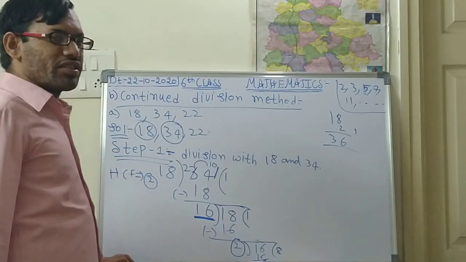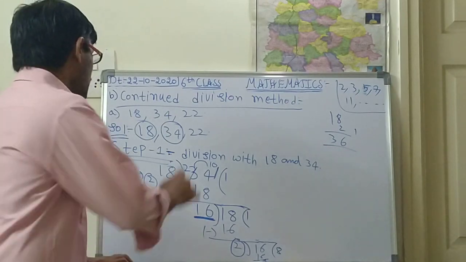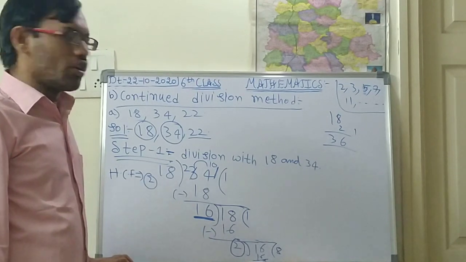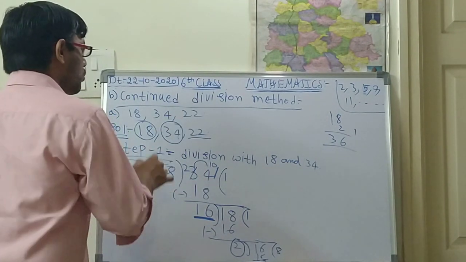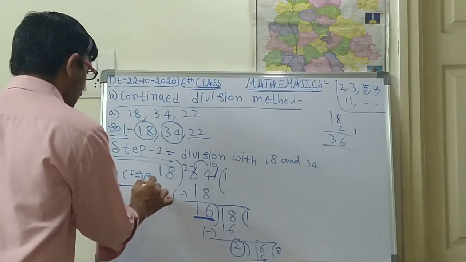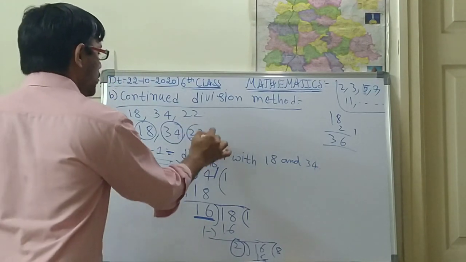Is it completed, children? No, it is not completed, because 22 is still there, another number is there. So now we are supposed to find the HCF for the number 2 and this 22.